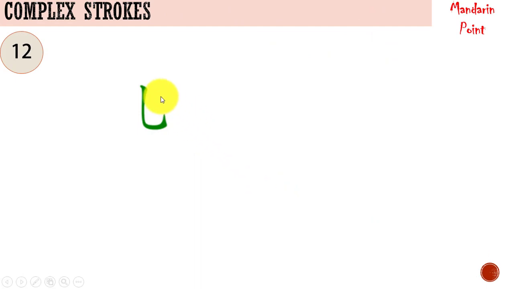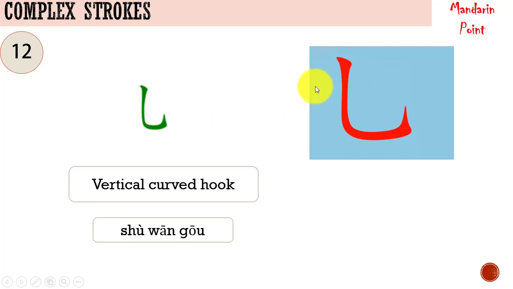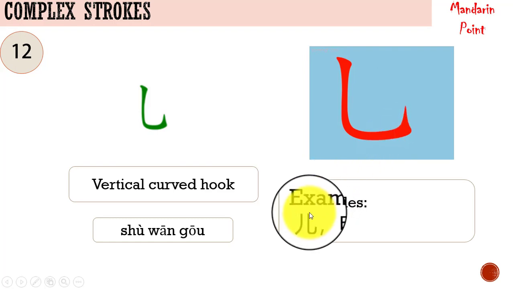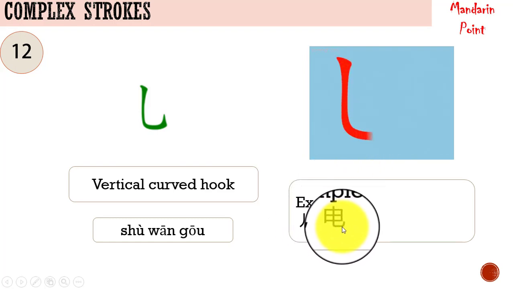The next one, very simple: vertical stroke, bend, and a hook at the end. So it is shu one go.